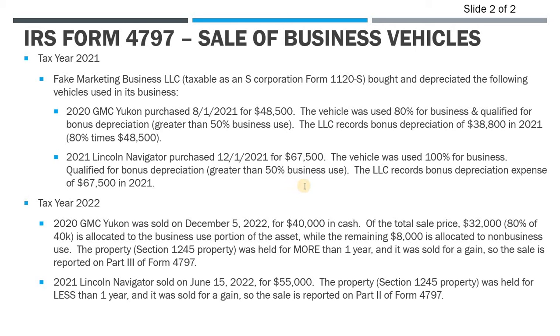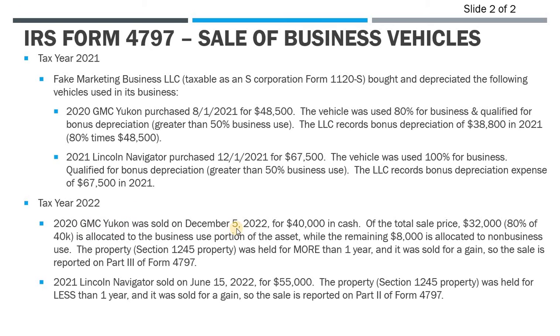But because there was no non-business use component, we're able to deduct the entire amount. So on our 2021 tax return, we had a $67,500 depreciation deduction for this vehicle, and a $38,800 depreciation deduction for the Yukon. Now, fast forward to 2022, we sold both of the vehicles, right?